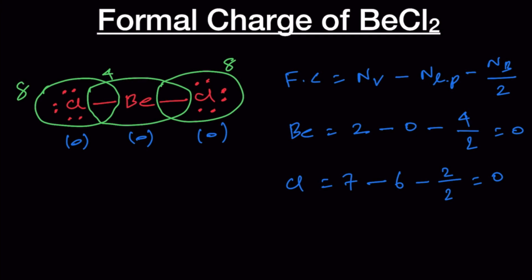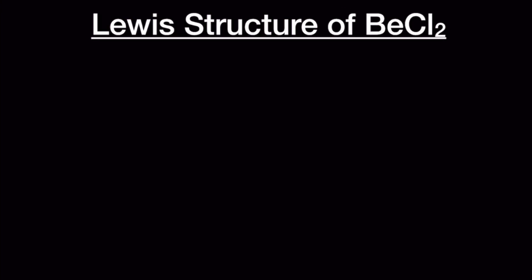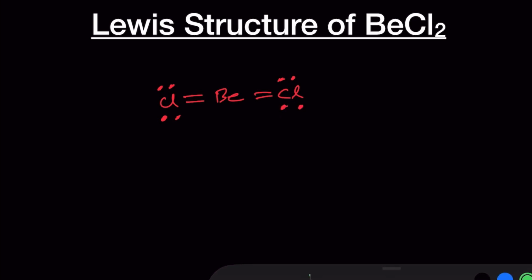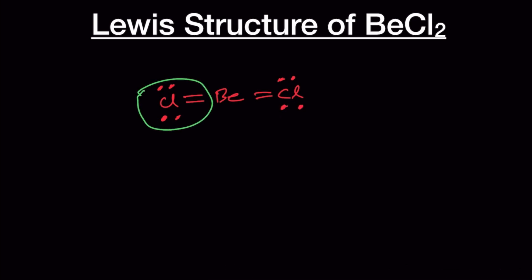On the contrary, let us say we write a Lewis structure like this, thinking that it would satisfy the octet for beryllium, because now we have 8 electrons around each atom. What would happen?